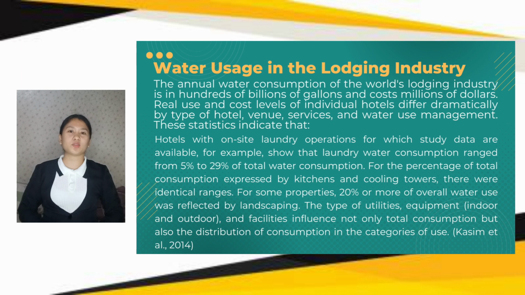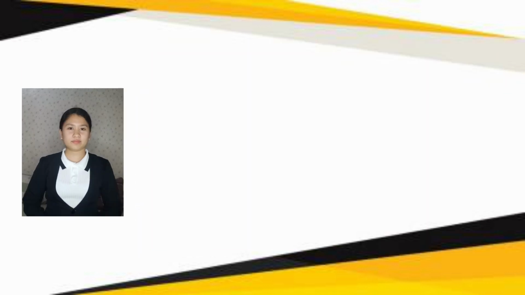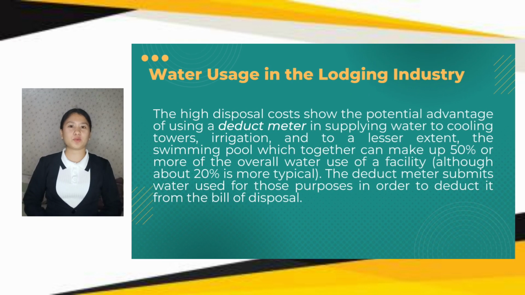Kaseyam et al., 2014. The high disposal costs show the potential advantage of using a deduct meter in supplying water to cooling towers, irrigation, and to a lesser extent the swimming pool, which together can make up 50% or more of the overall water use of facilities, although about 20% is more typical.